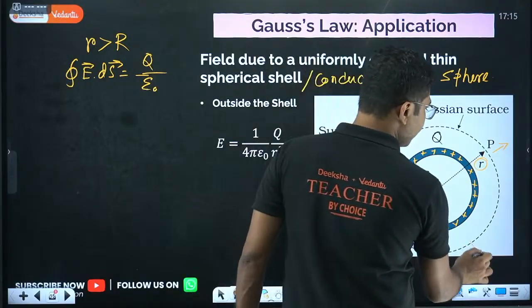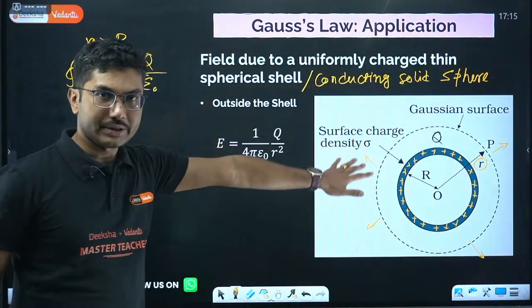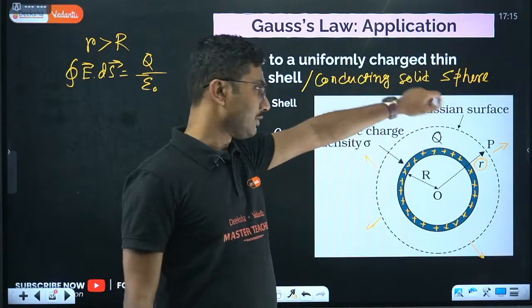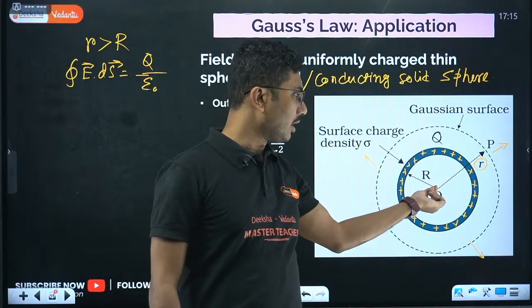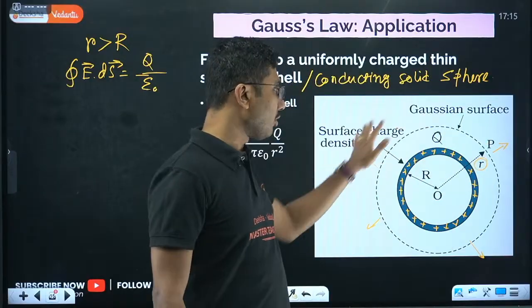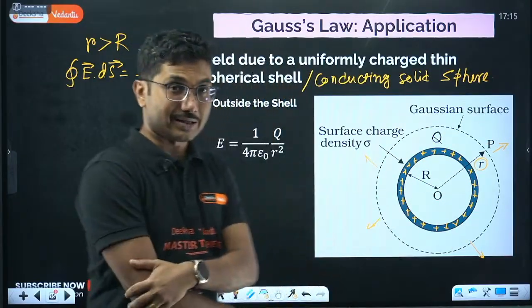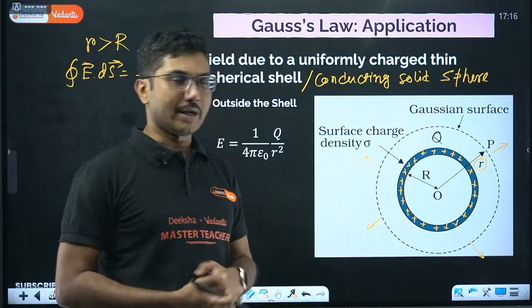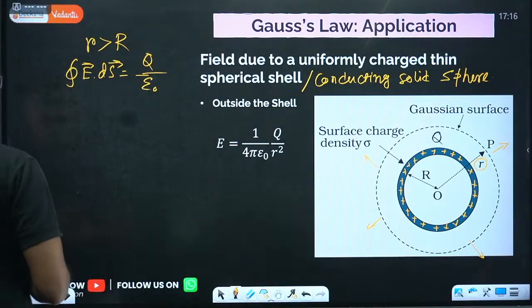So it will be constant everywhere on this spherical Gaussian surface. This sphere is concentric, obviously the same center as the shell, so electric field will be constant throughout this surface. That's why we always choose a symmetrical surface whenever we apply Gauss's theorem.